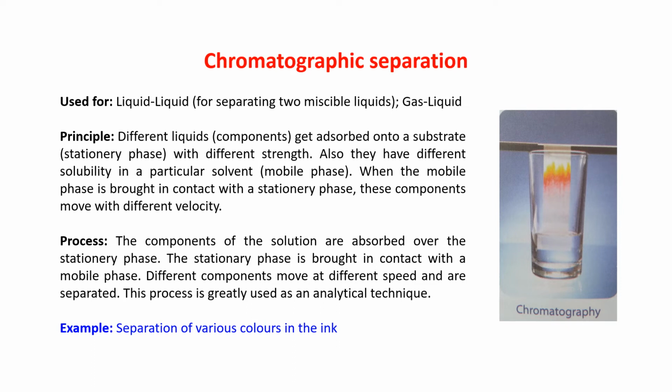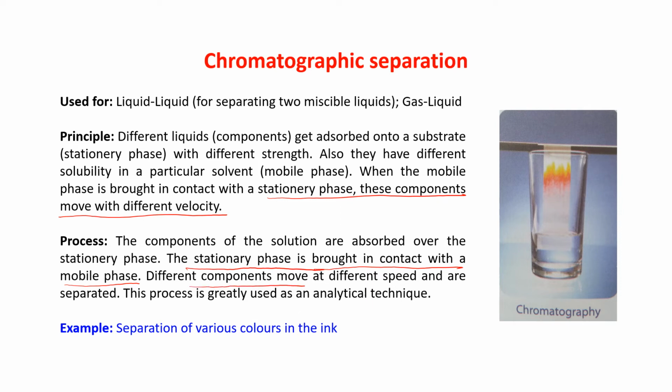Before that, let me read this once. When the mobile phase is brought in contact with the stationary phase, these components move with different velocity. These things are important. What is the process? The components of the solution are absorbed over the stationary phase. The stationary phase is brought in contact with mobile phase.